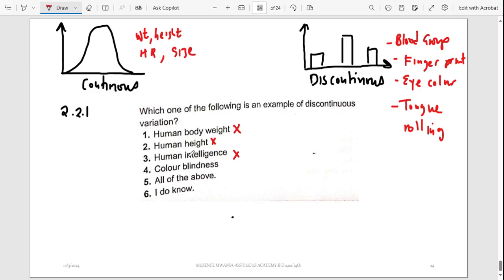What can you say about color blindness? Do you think you can have something in between, maybe you are a bit blind, you are very blind, or you are not blind at all? Or it's either you are color blind or not color blind.